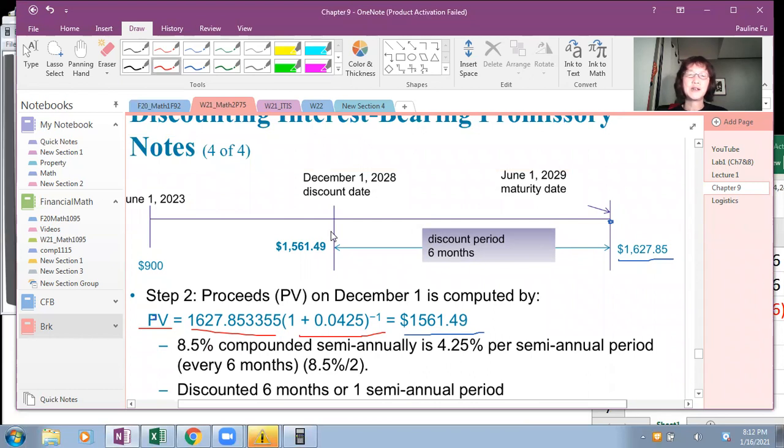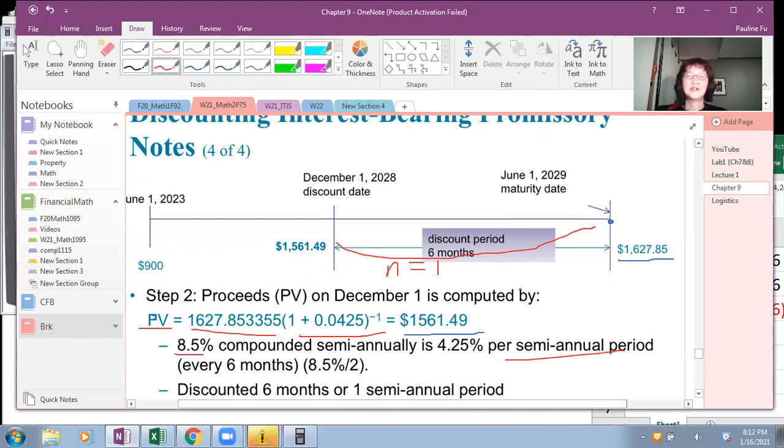From here to here, it is 6 months. During this period, interest is compounded semi-annually. That's why n equals 1, and interest is compounded semi-annually, so you use 8.5% divided by 2.